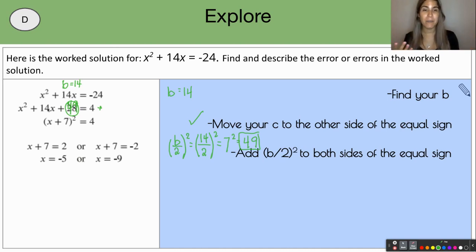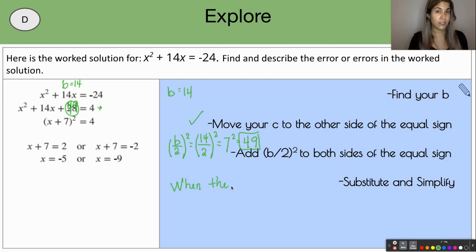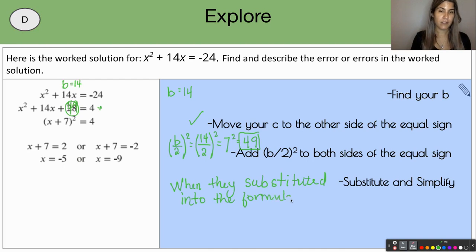It says add b divided by 2 squared to both sides of the equal sign. And the next one was substitute and simplify. So I can go ahead and write when they substituted into the formula, and you can go ahead and write your formula, your b divided by 2 squared.